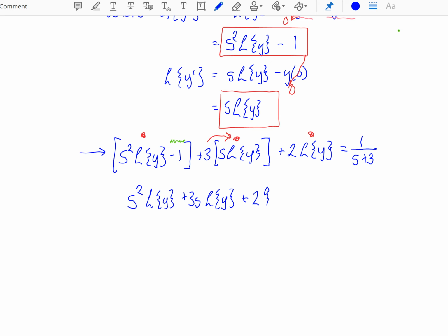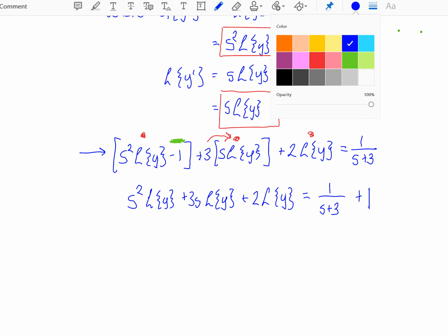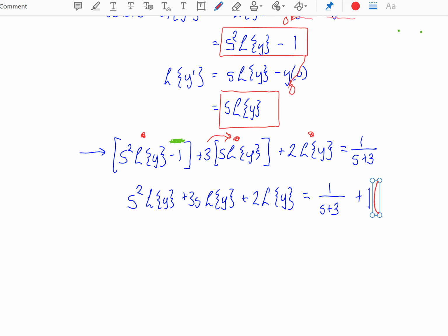I'm going to move this minus 1 to the right-hand side. It'll turn to a positive 1. And I'd like to combine the two terms on the right-hand side, so let's get a common denominator by multiplying our second term by s plus 3 over s plus 3.